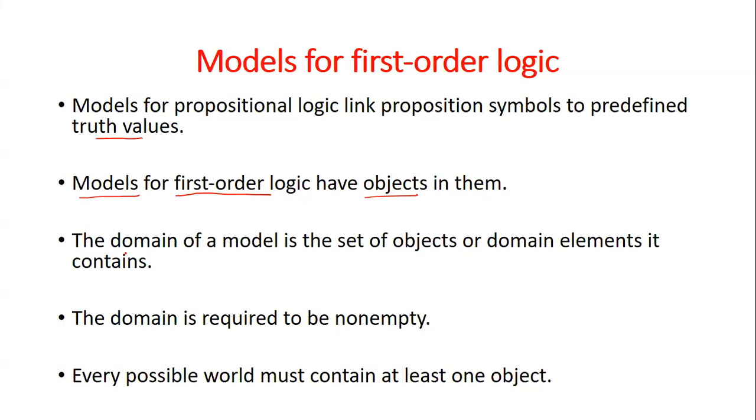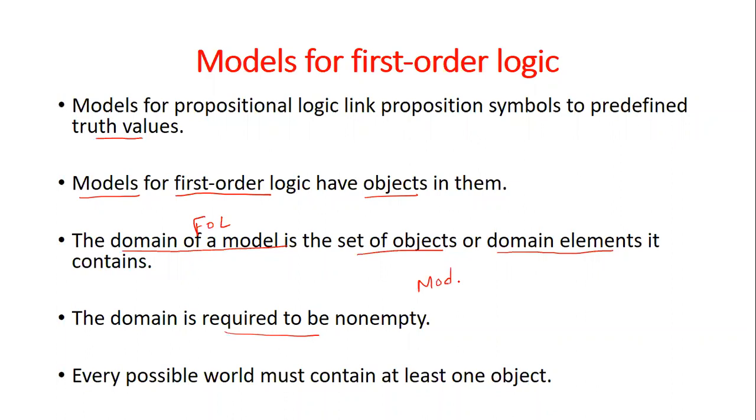So the domain of the model in FOL is the set of objects. The set of objects can also be called domain elements. And this domain should be non-empty in FOL. That is, in first order logic, at least one object should be available.